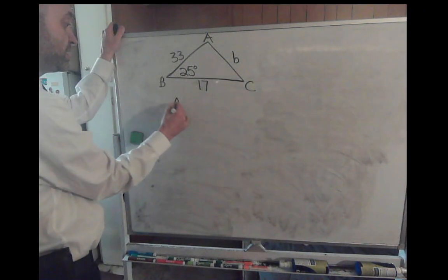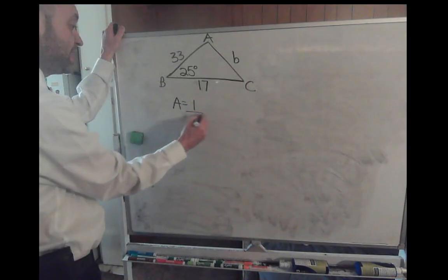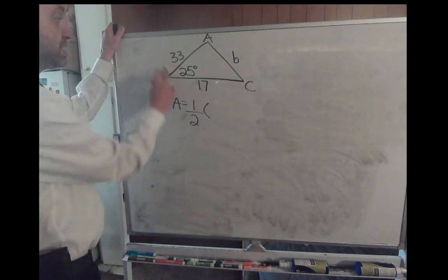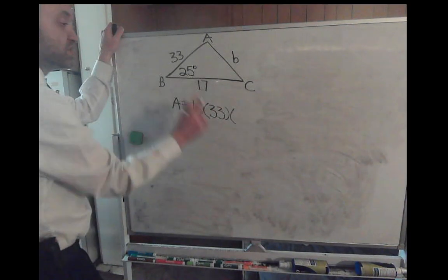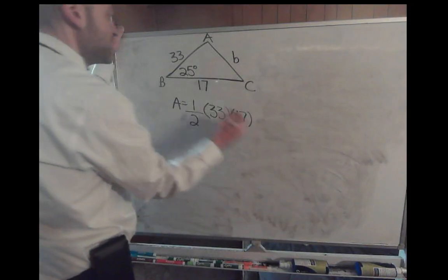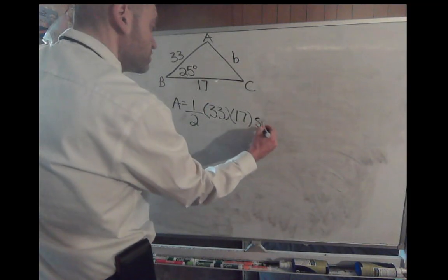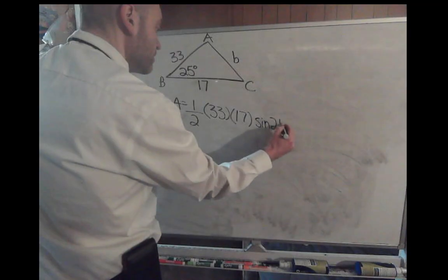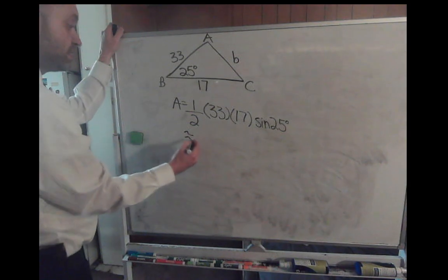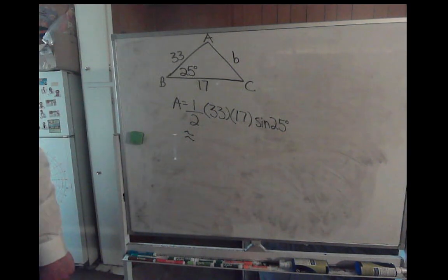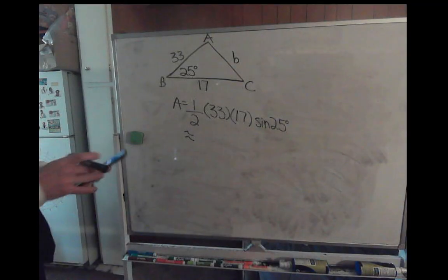The area equals 1/2 times one side, 33, times the other side, 17, times the sine of that included angle, 25 degrees. Then we can get an approximation to two decimal places.